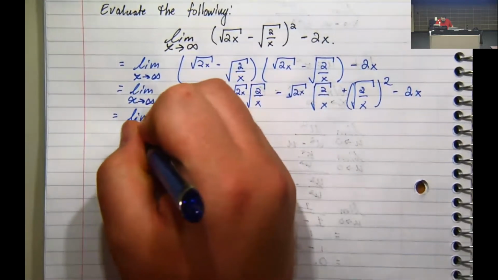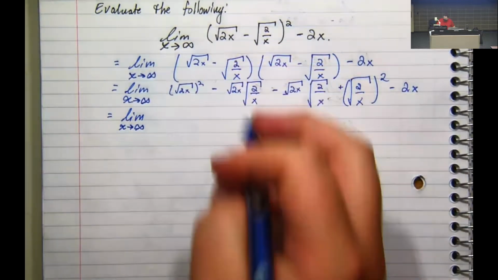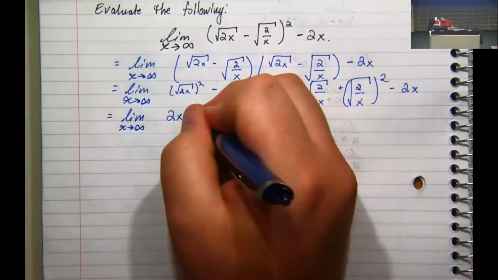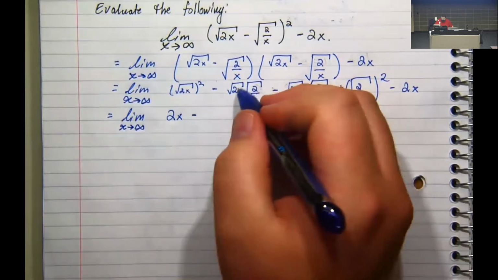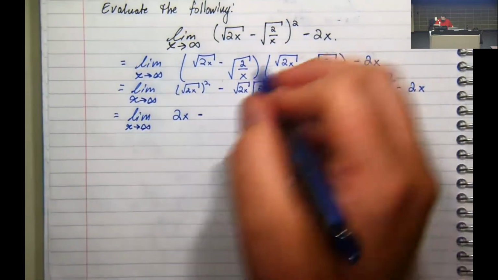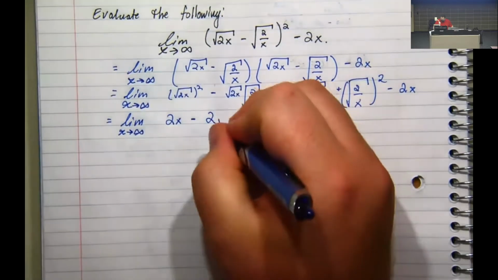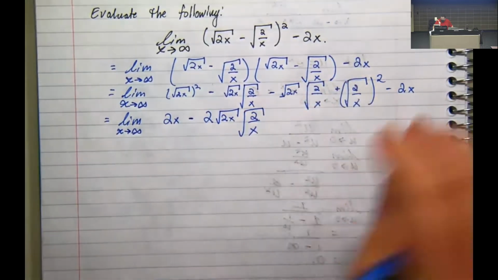Equal to the limit as x goes to infinity. Let's resolve these squares. So this will be just 2x minus, if we have these individual square roots, we can multiply them together. I'm just going to do this in 2 steps though. So minus 2, because there's 2 of these terms, root 2x, root 2 over x.